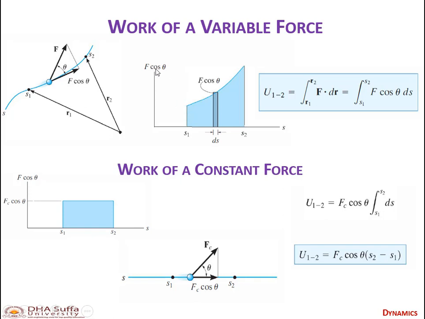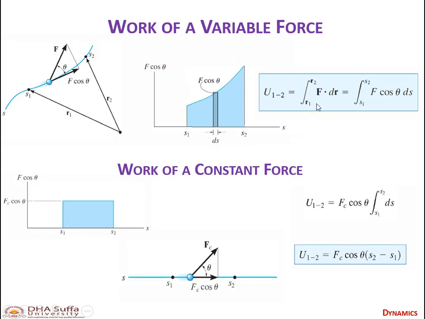Because we are only concerned with the cos component of the force, since this is the only component responsible for the work done. So F cos theta is changing along the path s, represented by this curve.